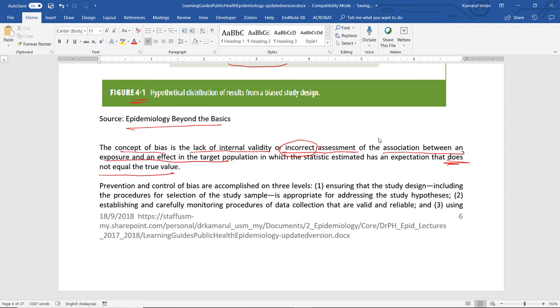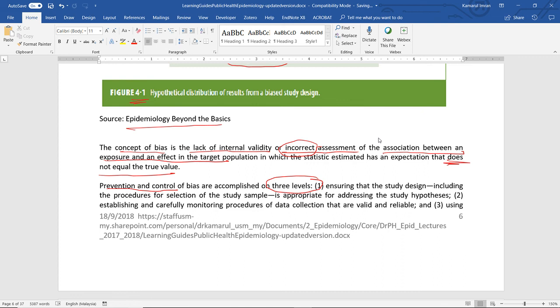So prevention and control are basically important. How to achieve that? You can achieve that on 3 levels. Sorry for my cat. See here.